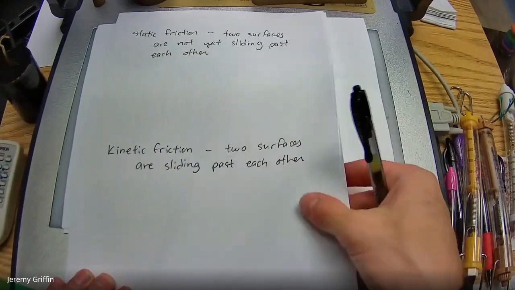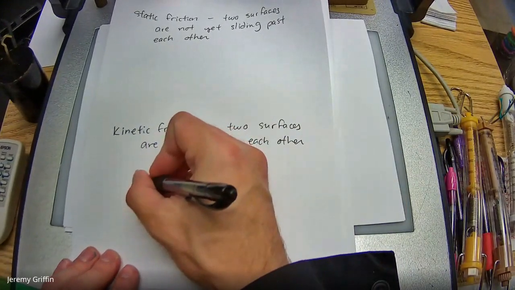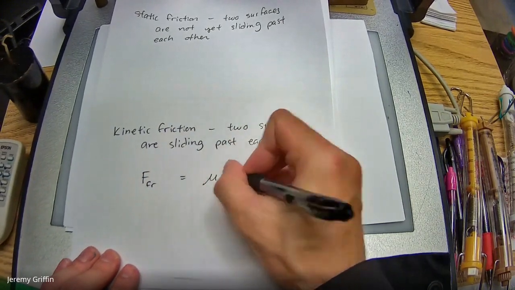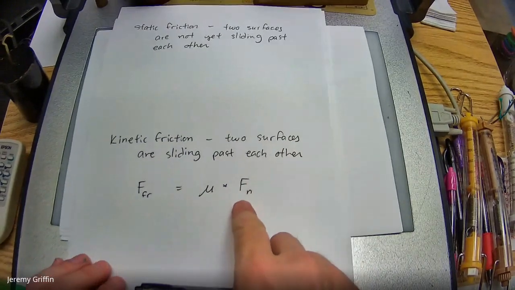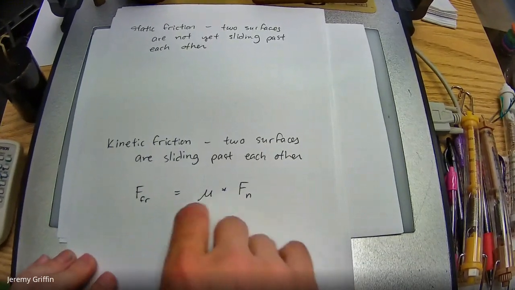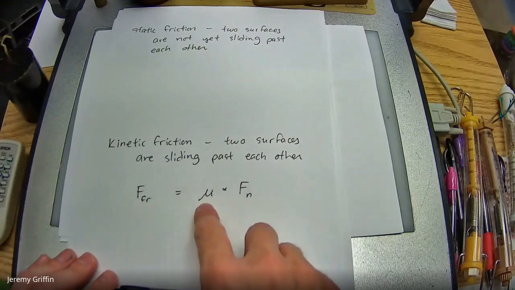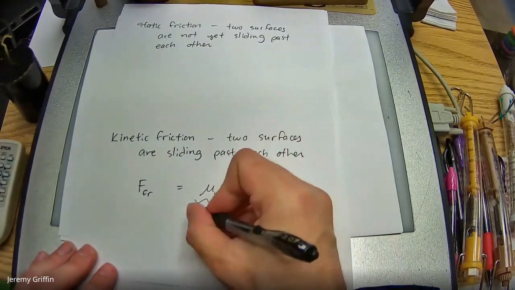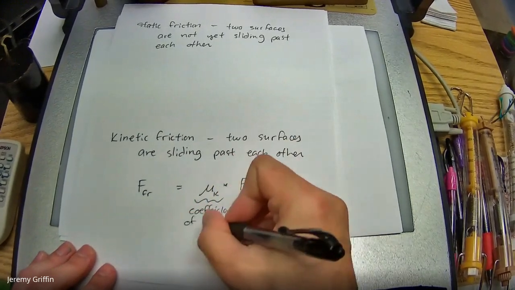Now, in the case that two surfaces are sliding past each other, I can give you guys an equation like this. The friction force, it turns out, is equal to the coefficient of friction times the normal force. Okay? You guys know what normal force is. That's the support force that's perpendicular to the surface. And then there's some friction force that results from that. I'm going to throw a little subscript K on that. I'm going to call this the coefficient of kinetic friction.